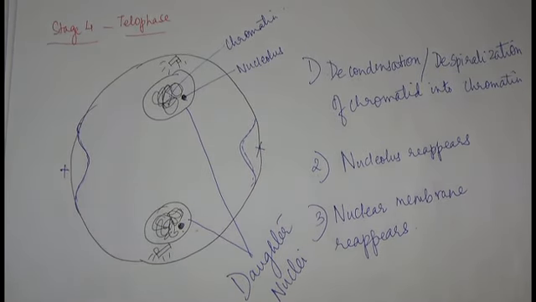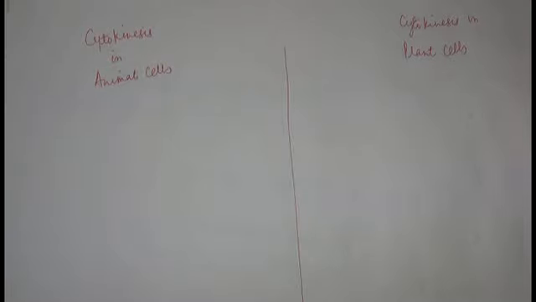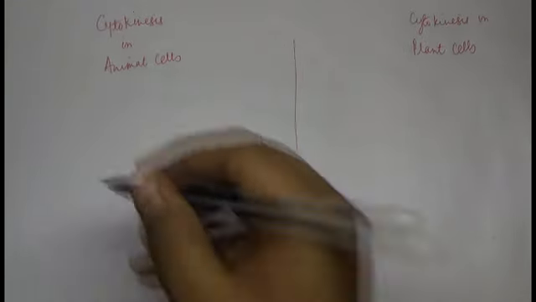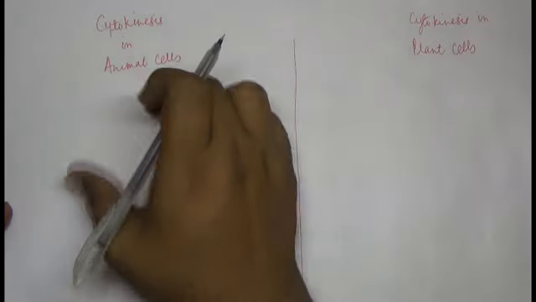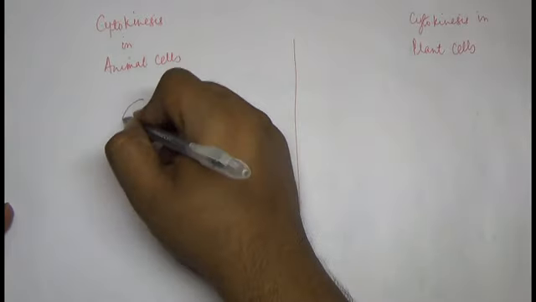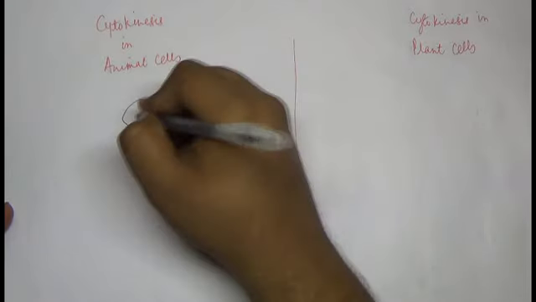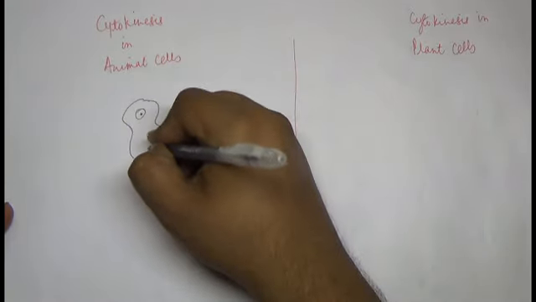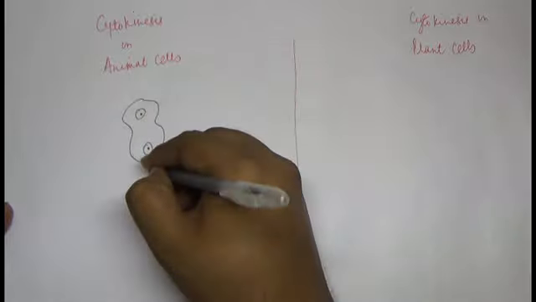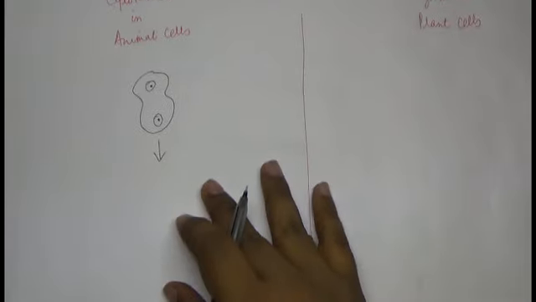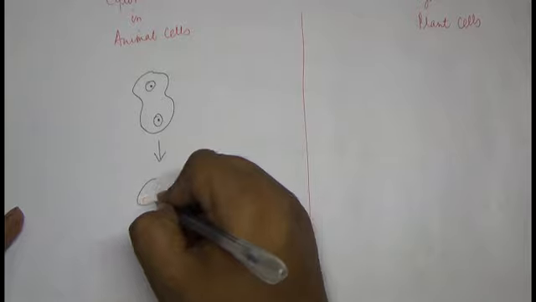First copy this. Okay, so let's have a look at the cytokinesis in animal cells and cytokinesis in plant cells. So in the telophase, let's draw the diagram of the telophase. In the telophase, we see that the cell was more or less constricted with the two nuclei at the two ends.